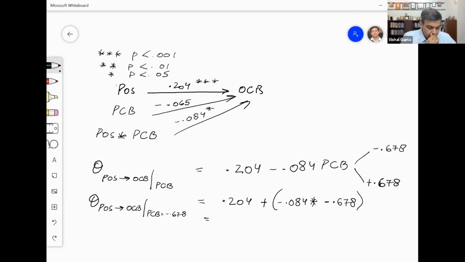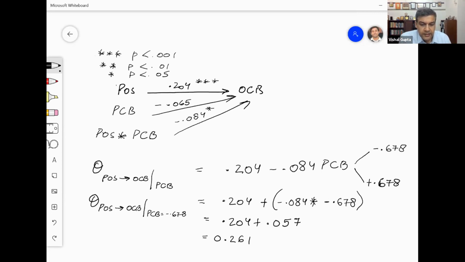So if you solve this, let me just do it quickly. 0.084 multiplied with 0.678, it is going to be 0.057. So 0.204 plus 0.057, and if you add this, you get 0.261.